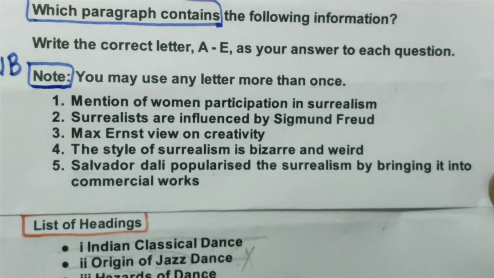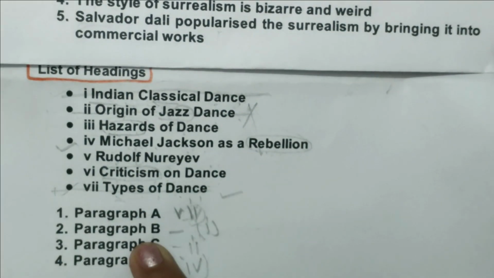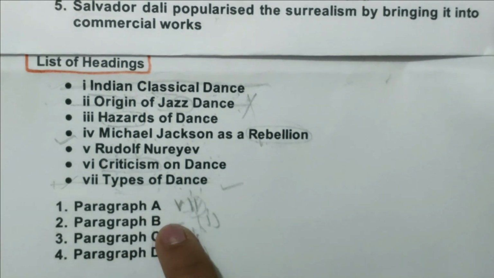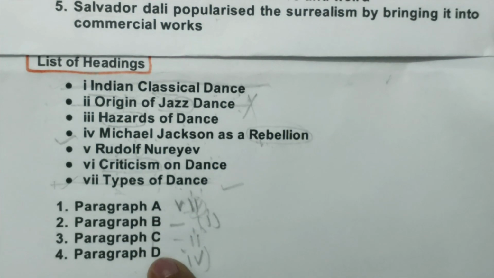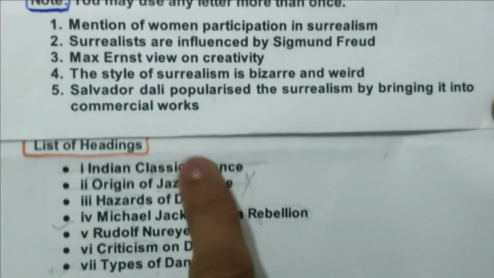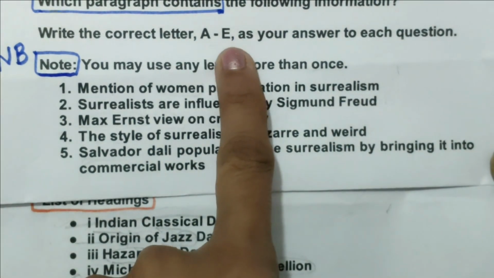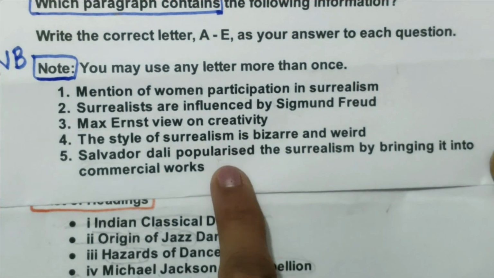One more difference is there. For list of headings, they have given you 4 questions, which means it is confirmed that for every paragraph you have to give one heading. But here it is not confirmed that for 5 paragraphs A to E you will find all the information.